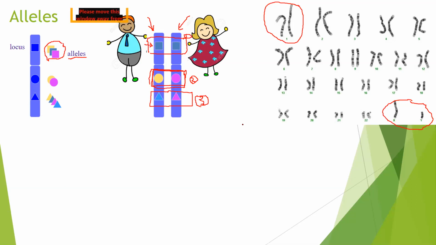Yeah, I get it. So the alleles themselves are just the colors for each one of the shapes. That's right. Each shape represents a specific gene at a locus, but the color shows if these two alleles are identical or not.